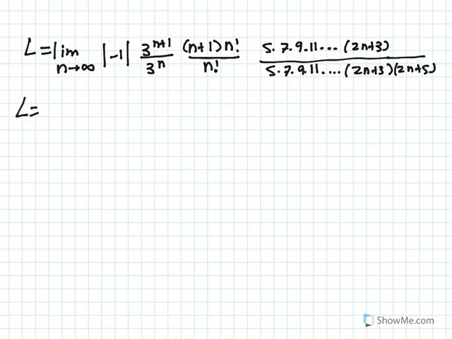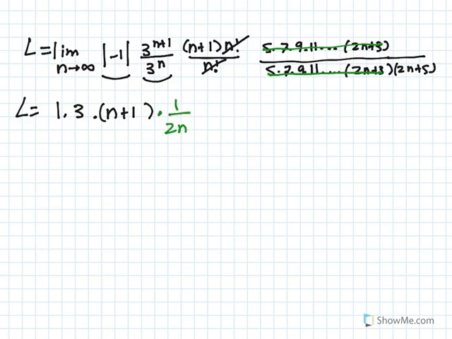So L is equal to absolute value of negative 1, which is just 1, times 3 to the power of n plus 1 divided by 3 to the power of n. Same base, subtract off the exponents, so we just get 3. N plus 1 factorial cancels, and we have n plus 1. And of course, we have these cancellations: 5 times 7 times all the way to 2n plus 3 cancels with this part of the denominator of this fraction, and we get 1 over 2n plus 5.